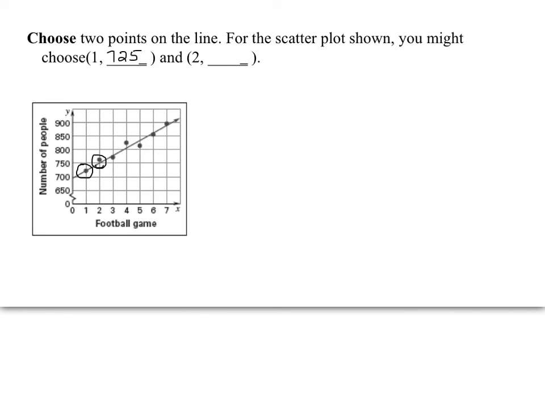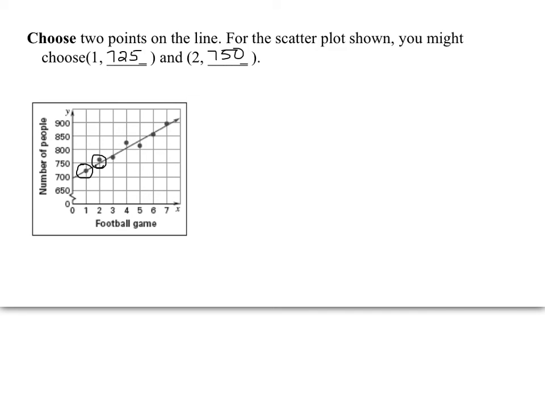So we're going to approximate where the line intersects that corner of the graph. It looks like it intersects at 750. Notice the point is about 760, maybe 770, so we did not pick the point. We picked where the line at 2 intersects with the graph.